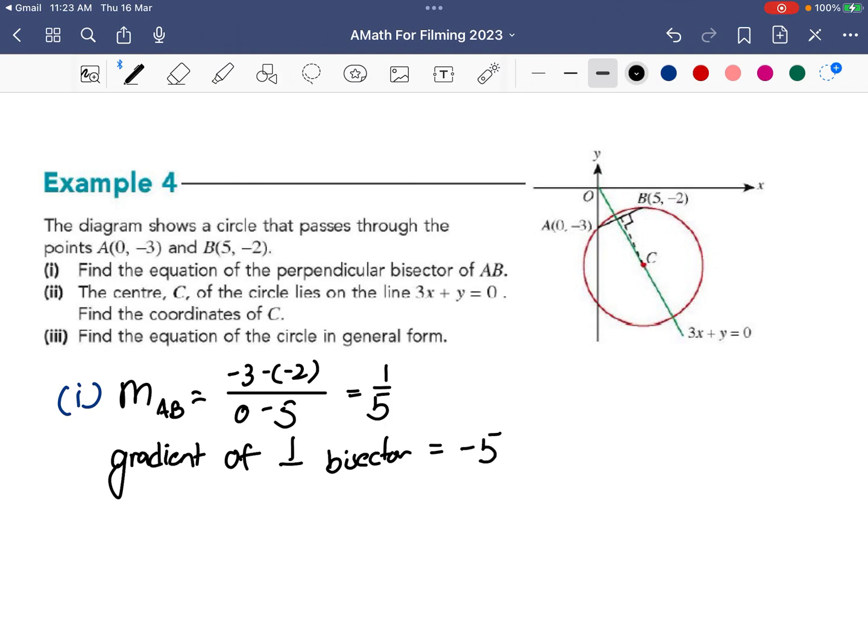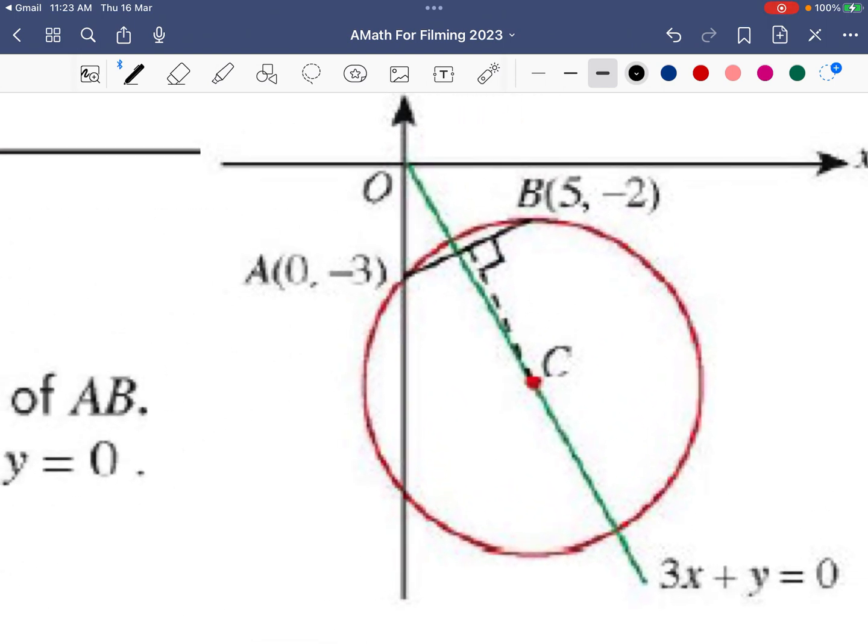Next thing is this, I know that the perpendicular bisector, if you look here, will pass through this point. Here I put in red. This red point is on the perpendicular bisector. Bisector means that it cuts the chord AB exactly into two. So this red point here is the midpoint of AB.